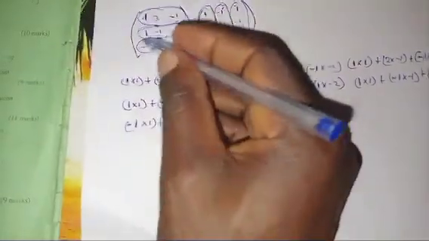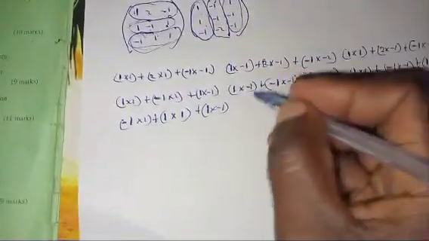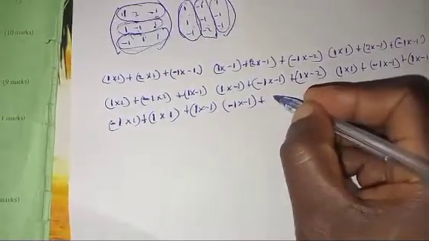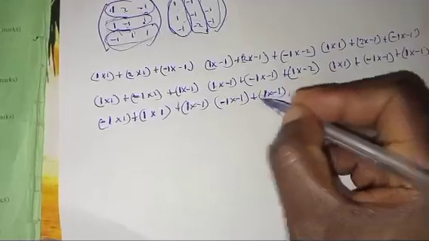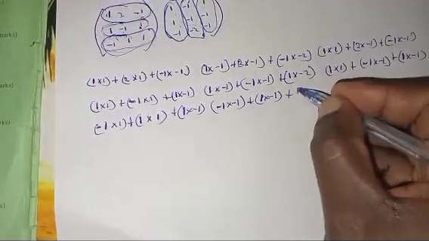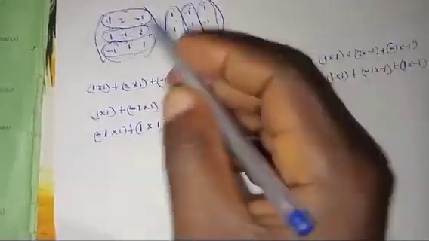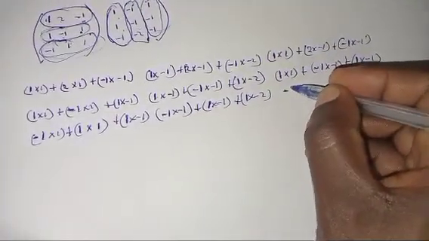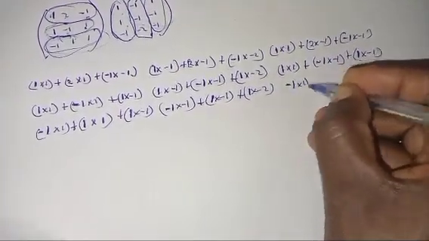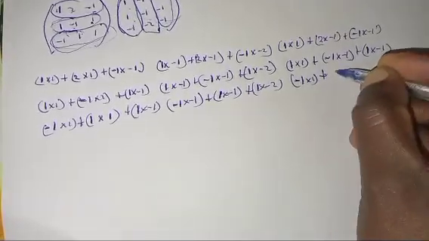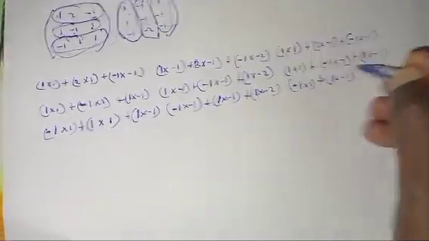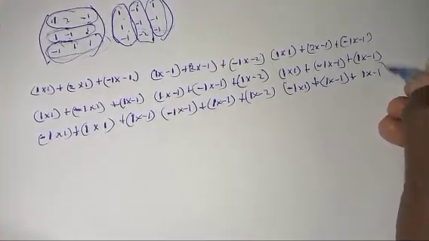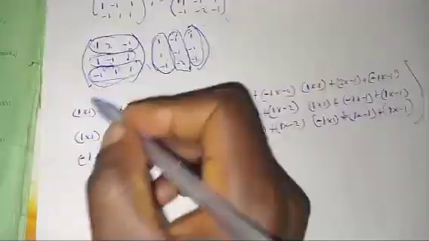You come here, this and this again, negative 1 times negative 1 plus 1 times negative 1 plus 1 times negative 2. Do the same here, negative 1 times 1 plus 1 times negative 1 plus 1 times negative 1. Then you put them like that.